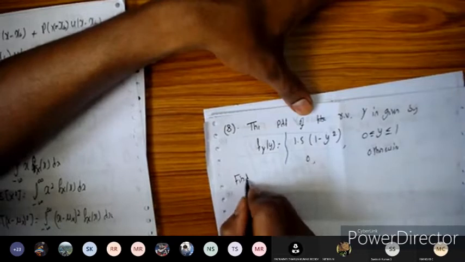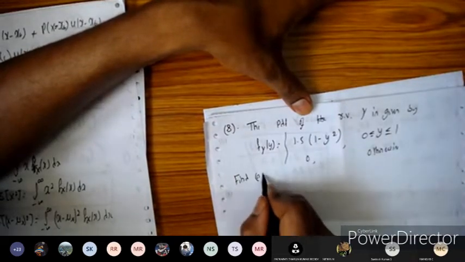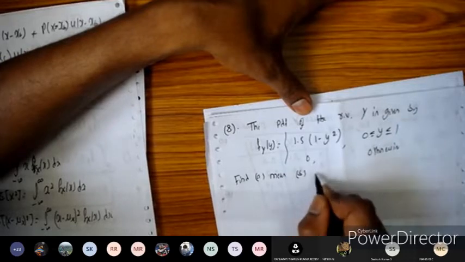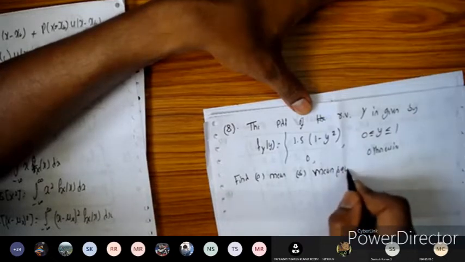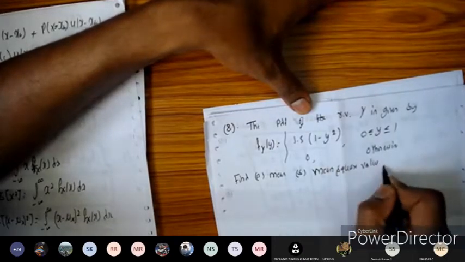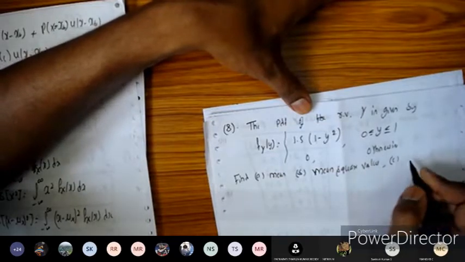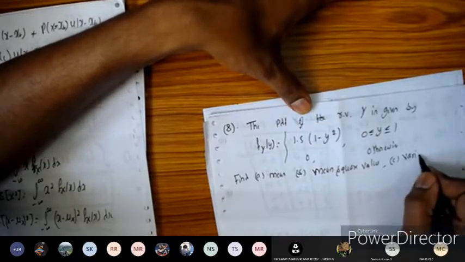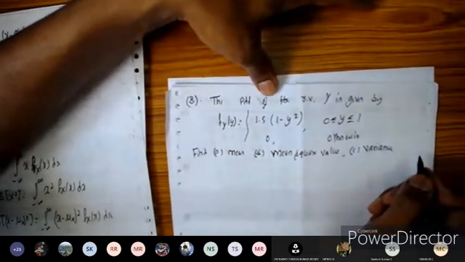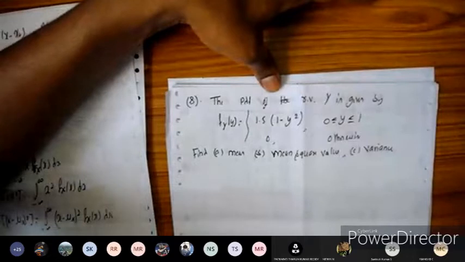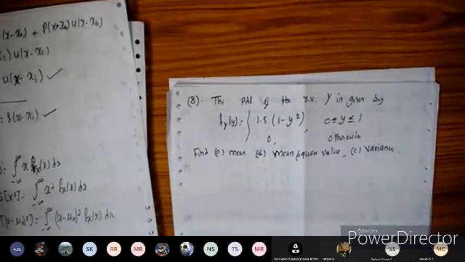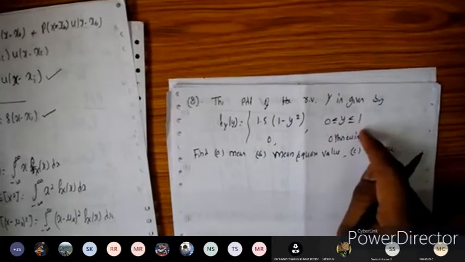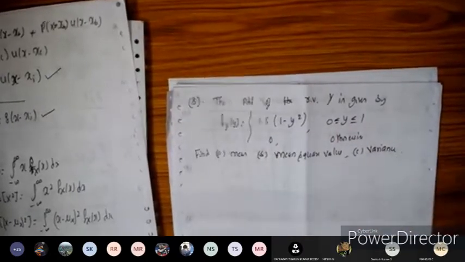Find the first one, mean; the second one, mean square value; and the next one, variance. These are the quantities. The PDF of the random variable y is given by fy of y equals 1.5 into 1 minus y square for 0 less than or equal to y less than or equal to 1. Find mean, mean square value, variance.